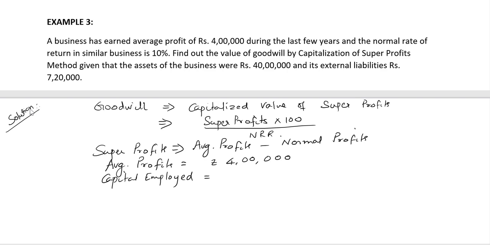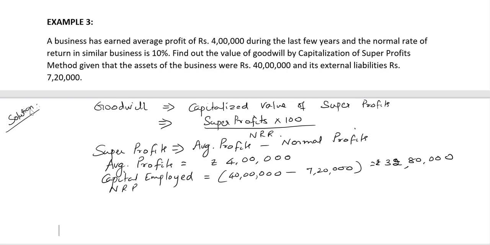The assets of the business is 40 lakh rupees and external liabilities 7,20,000. So total assets minus the outside liabilities 7,20,000, which is equal to 32,80,000. So this is the capital employed.